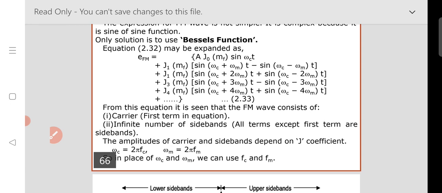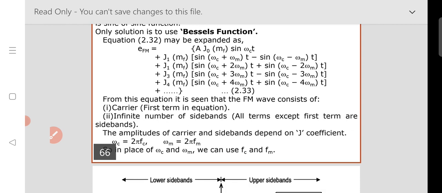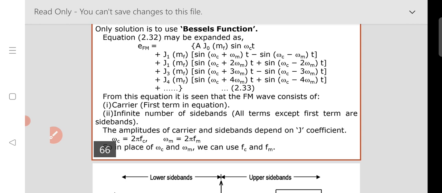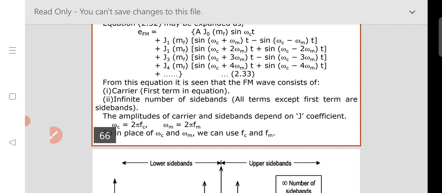So the first term is the carrier term. The next are the infinite number of side bands. All terms except the first term are side bands. We already saw that in FM the carrier plus deviation always occurs. That's why the carrier is always fixed and always sent, and then the deviation of the frequency produces the different side bands continuously.